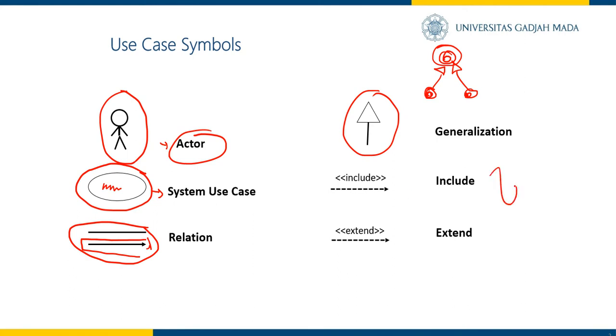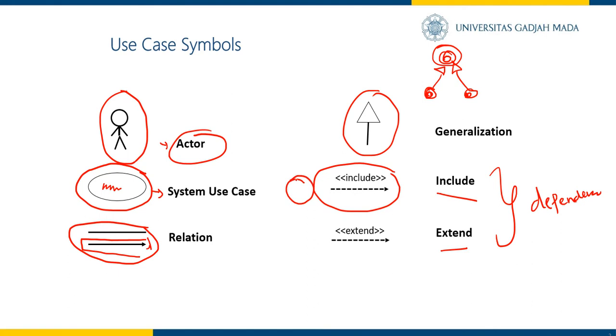We also have the dependency, include and extend. The include symbol is like this one. It means that when a particular activity or process is done, it includes this activity. So when you are doing something here, it must include this activity. And the extend is a bit different.